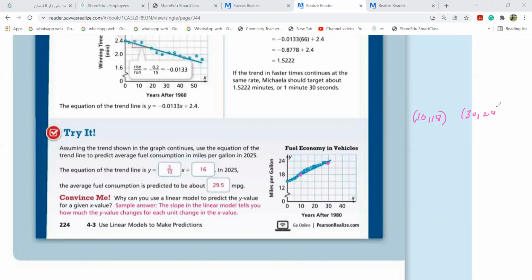Anything you can take, girls. To find m, I have to do y2 minus y1 over x2 minus x1. So 24 minus 18 over 30 minus 10.